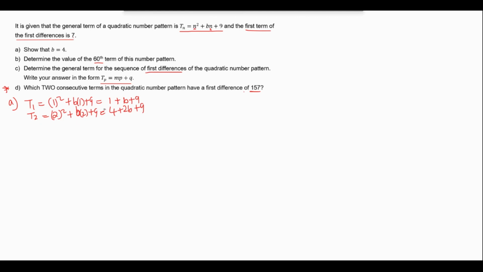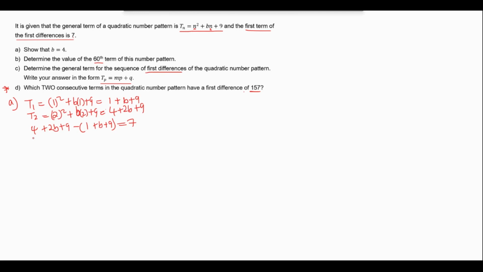So now what will be T2 minus T1? T2 minus T1 is going to be 4 plus 2b plus 9 minus the bracket 1 plus b plus 9, and this is equal to 7. I was told that the first term of the first differences is 7.